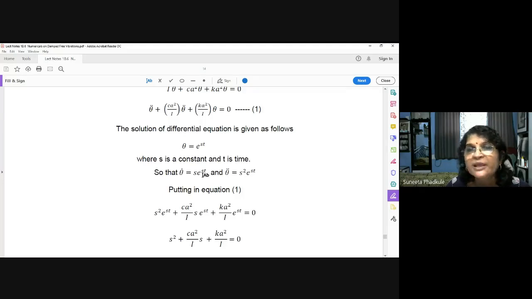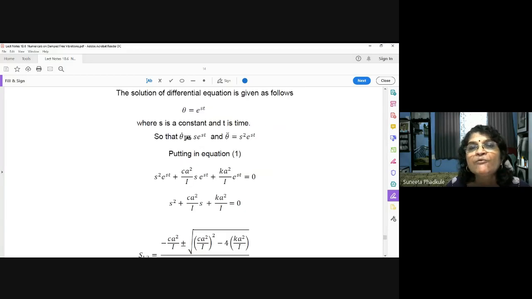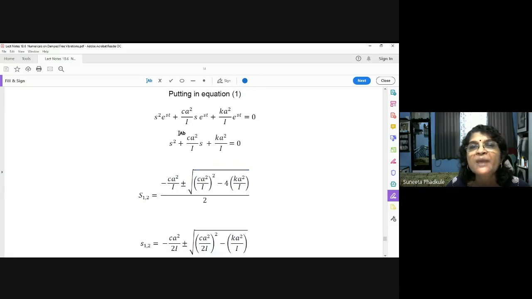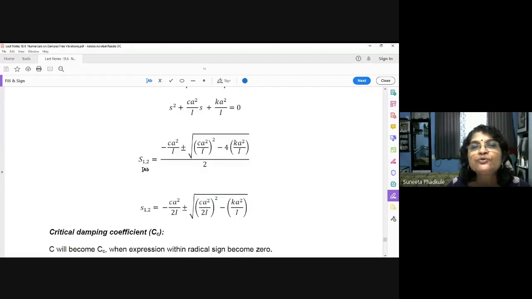Putting the values of theta dot and theta double dot into this equation, you get the differential equation in terms of s. This is known as the characteristic equation of vibratory motion. From it we determined the two roots, s1 and s2.